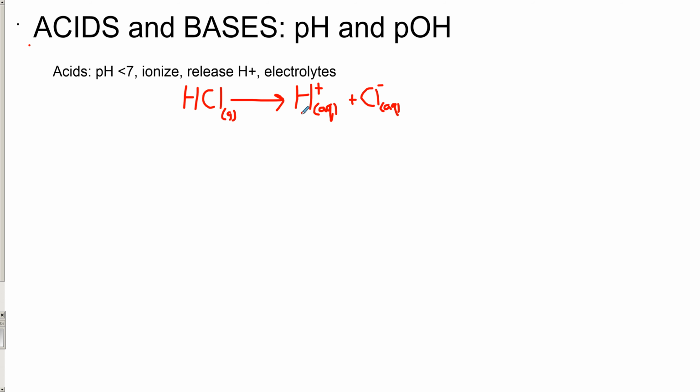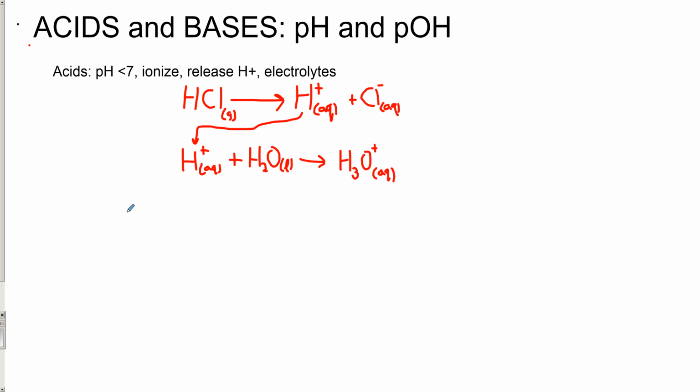Now the thing is, this H plus is special. When you make an H plus in water, and I'll put bracket AQ, it will react with that water molecule. So here's my little H2O bracket liquid, and it's going to form this interesting little ion, H3O plus, and that is our hydronium ion.